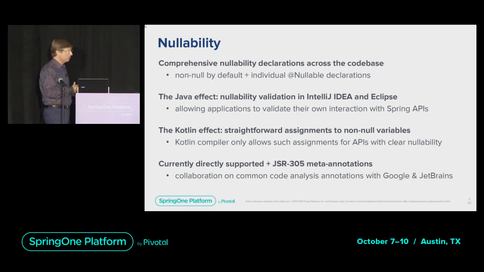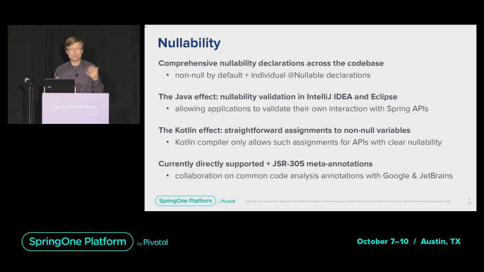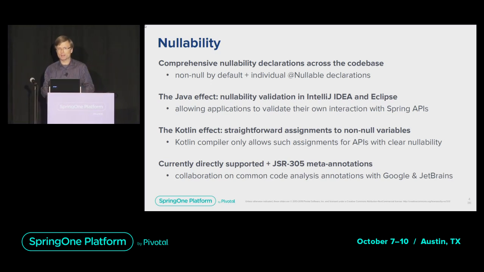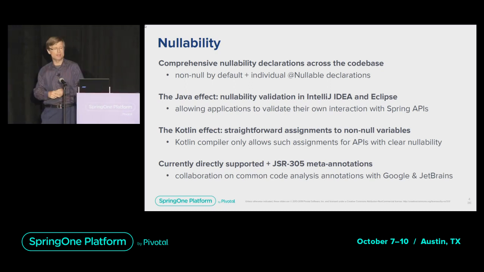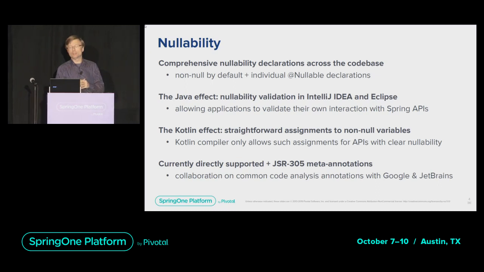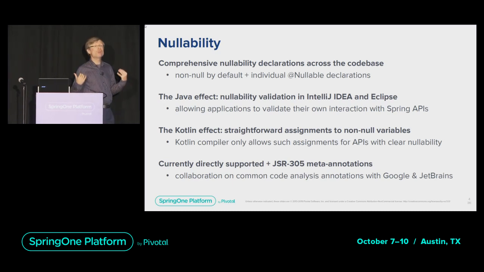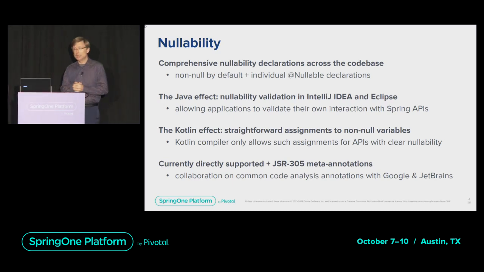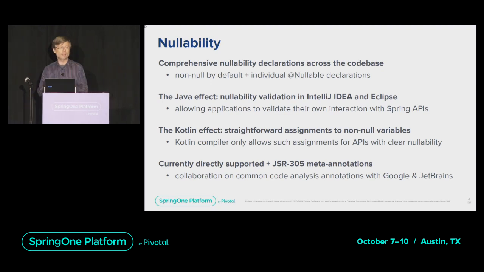There weren't that many places that really turned out to be a real bug. It's more of a form of refactoring, an improvement to the code base, a straightforward revision of the code base that went nicely along with our Java 8 baseline revision. So the end result is that we are now shipping a code base that is fully declared with nullability annotations.